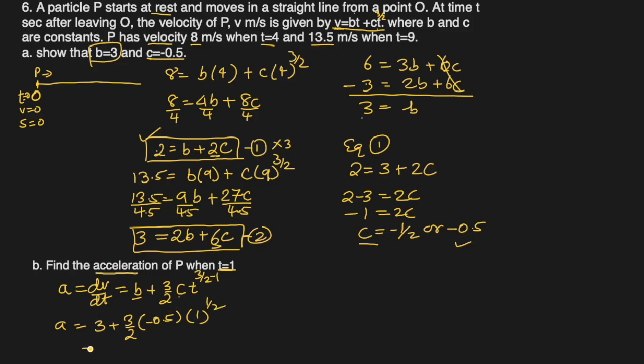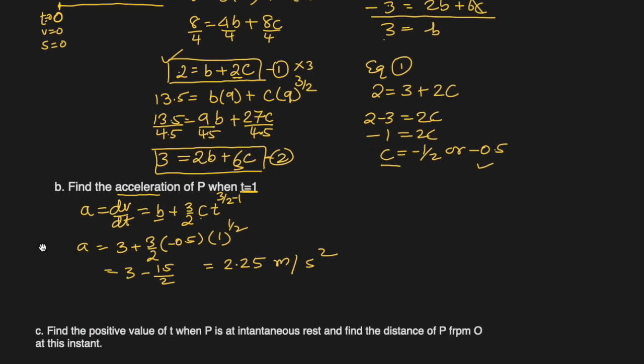So let's focus on this only. 3 minus 3 times 0.5 will be 1.5 over 2. 1.5 over 2, yes, that is 0.75. So which will be 2.25 meters per second squared. This is what the acceleration is when t is 1.